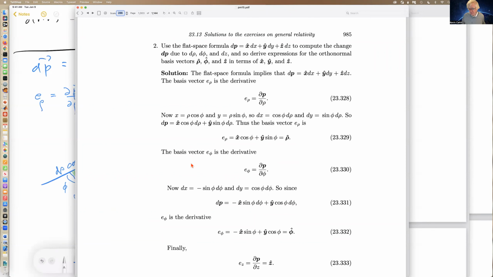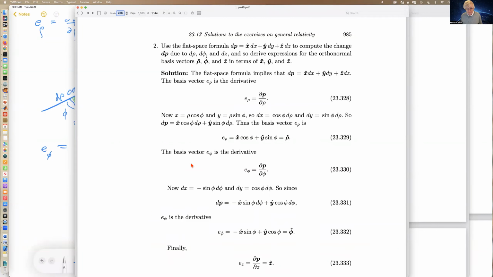And then similarly, the basis vector e phi. E phi is the partial of the point with respect to phi.